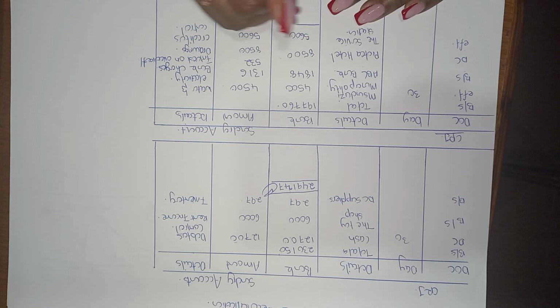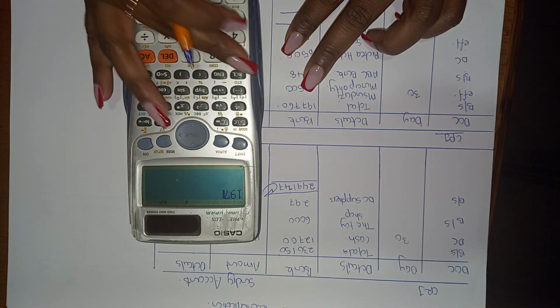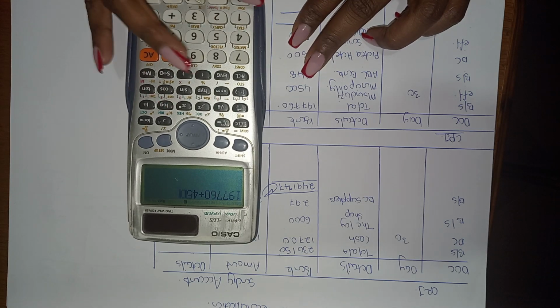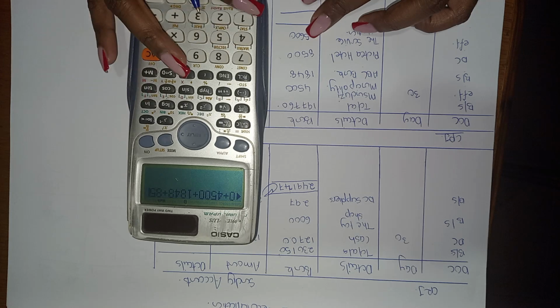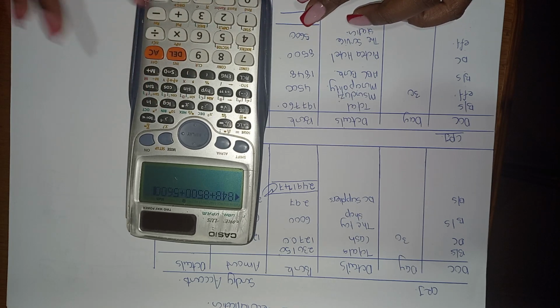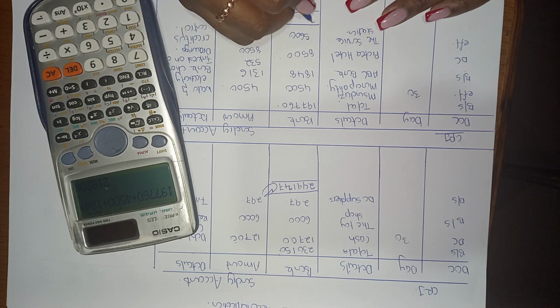Then I'm going to do the same for my CPJ. 197,760 plus 4,500, 1,848 plus 8,500, 5,600 is, I'm going to get 218,208.